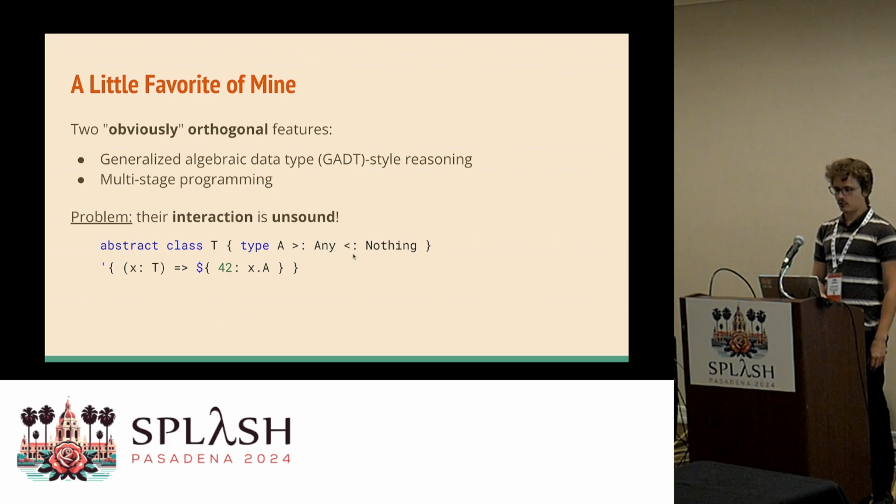And we are giving it two bounds, one lower bound and one upper bound, and these two bounds are not consistent, right? So this lower bound says A should be greater than Any, but it should also be a subtype of Nothing. So Any is like the top type, and Nothing is like the bottom type. And this is obviously not true unless your type system has only one type, right?